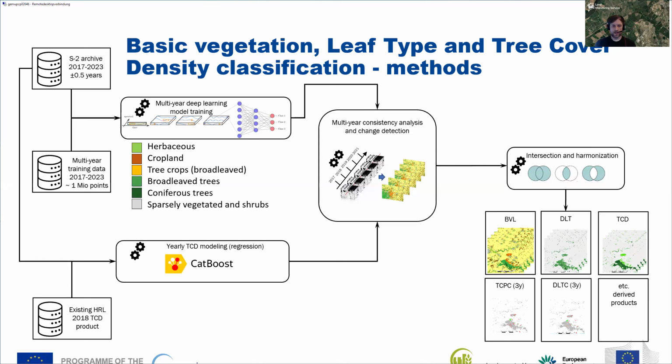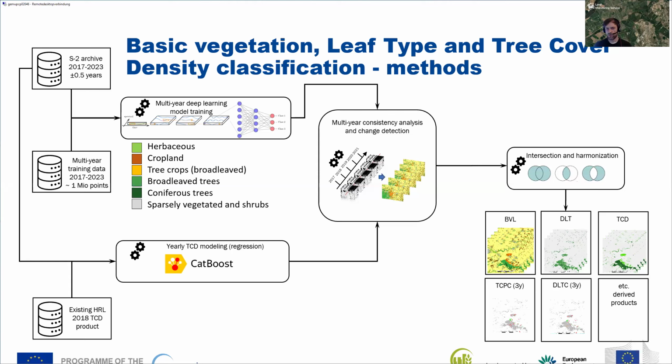The BVL and the initial results of the tree cover density modeling then undergo a multi-year consistency analysis. During this process, a change detection for the forest products is also done. As I said earlier, the initial classification provides probabilities, and those probabilities are then used to set certain thresholds for changes within the forest classes.